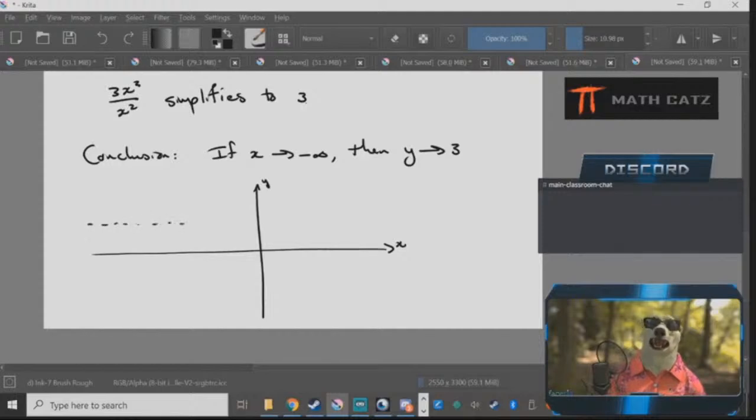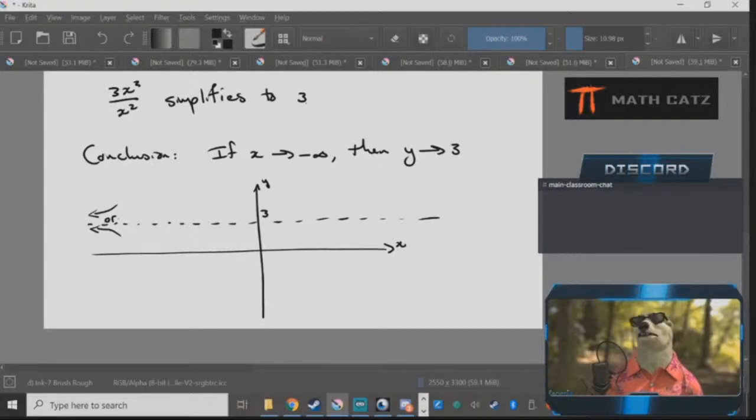They are approaching the horizontal line that is sitting at 3. I don't know how. It could be from above. It could be from below. I don't know. And that's also not something I should be worried about right now. Regardless, it wants to become a horizontal line as much as possible.